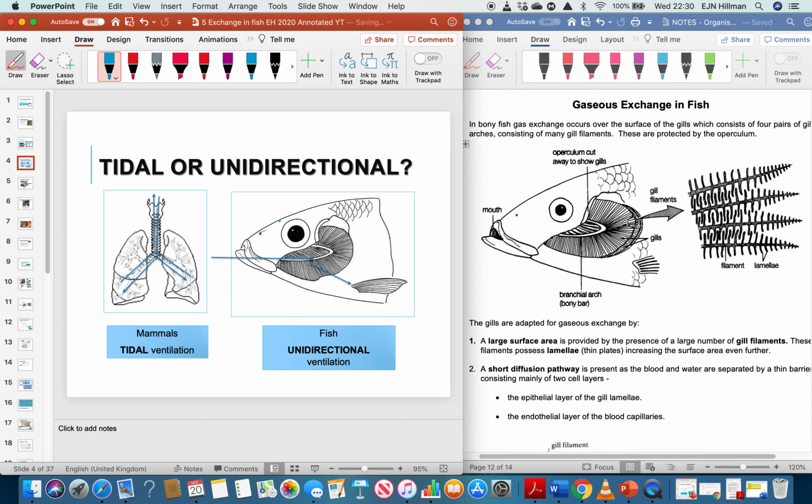Now the reason for that, or the necessity for that, is that water has a much greater density than air.